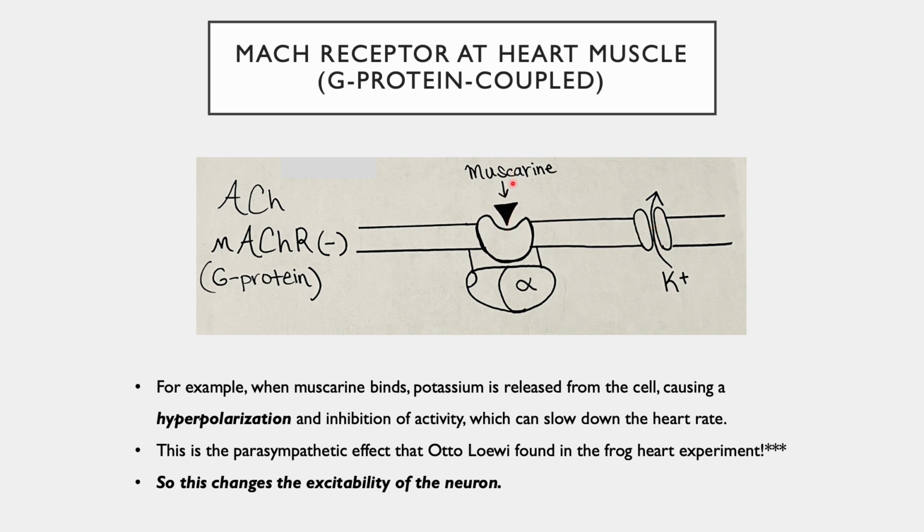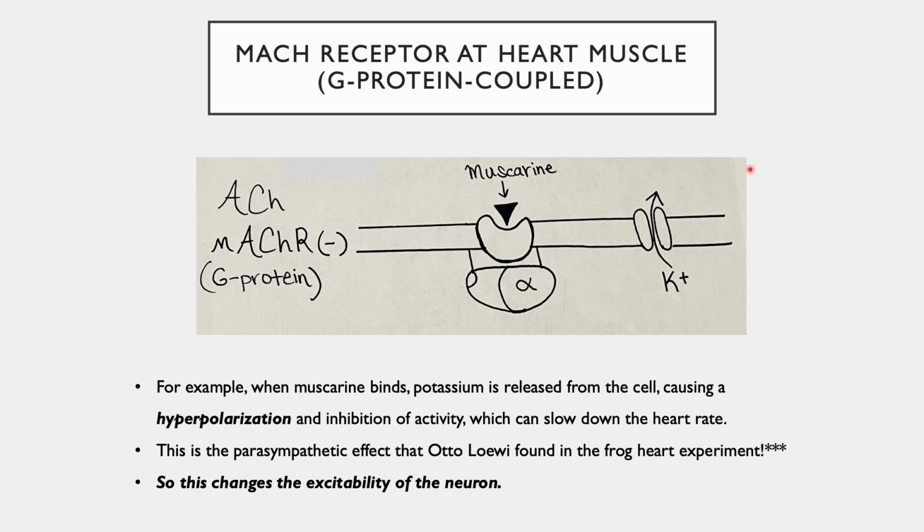So when muscarine comes and binds to the G protein, it initiates this cascade in which nearby ion channels can open up. Specifically, it's going to induce an efflux of potassium. So potassium will be released from the cell into the extracellular fluid.